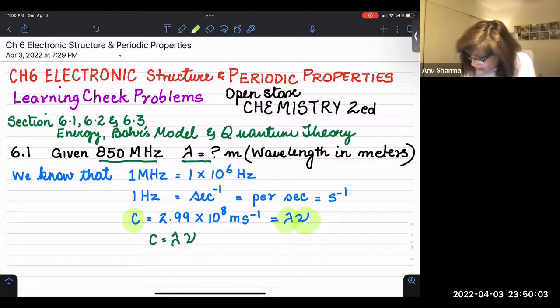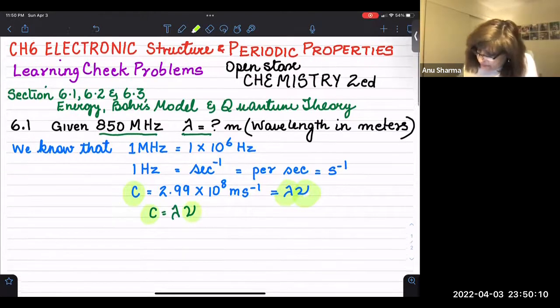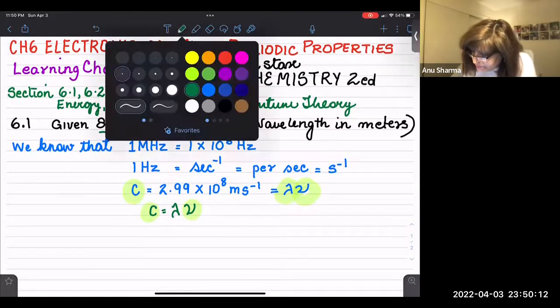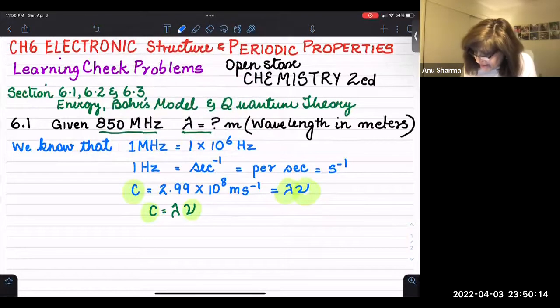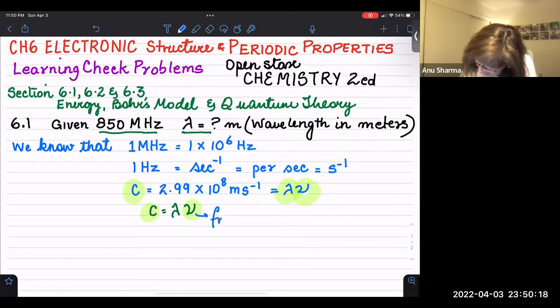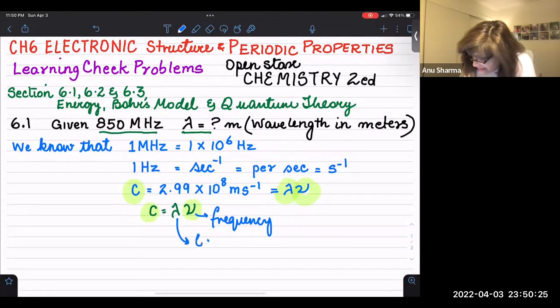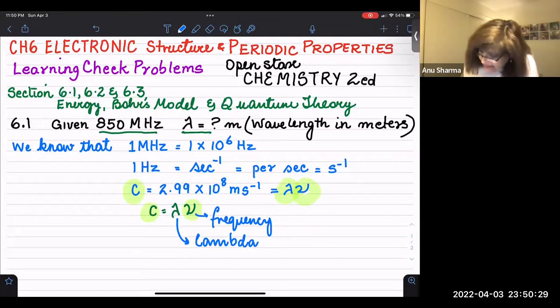So here we already know the value of C. We are given the value of nu, but we need to find lambda. So C is equal to nu lambda. Lambda is the wavelength and nu is the frequency. L-A-M-B-D-A. And C is the speed or the velocity of light.